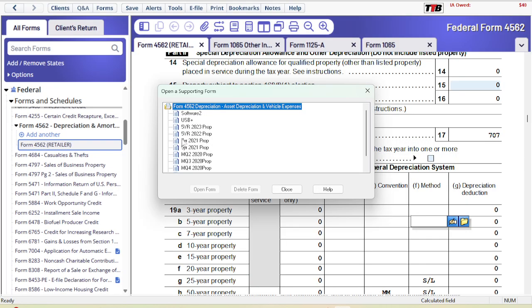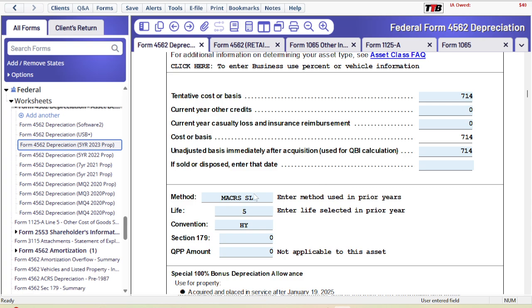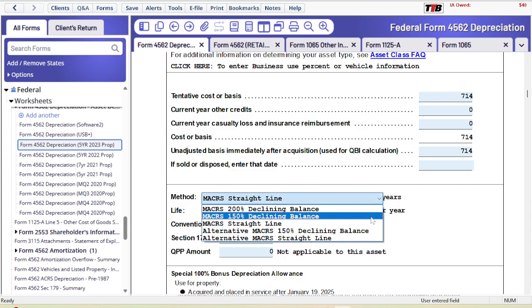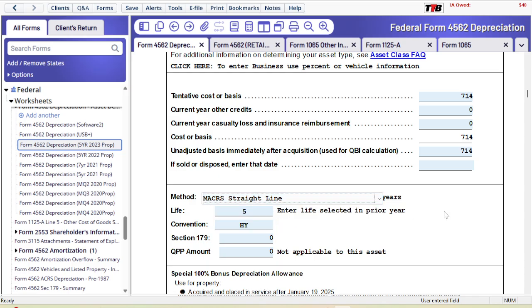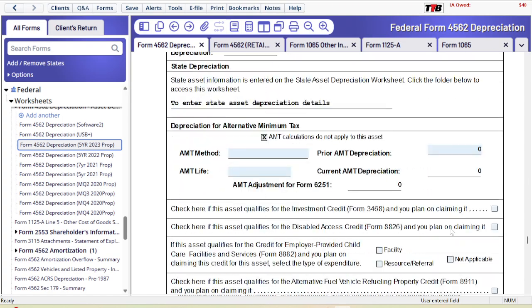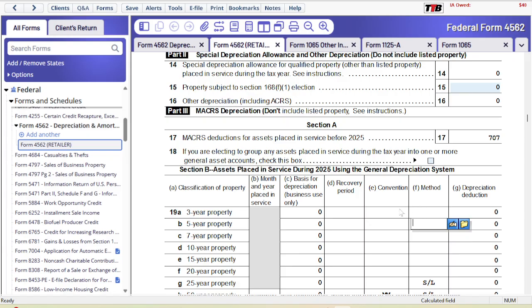If we just click here and go to any example, it will try to claim the highest depreciation, MACRS 200%, but I just like to stay with MACRS straight line. I'm just showing you those.